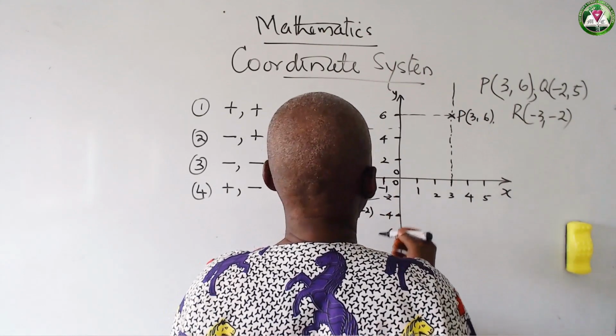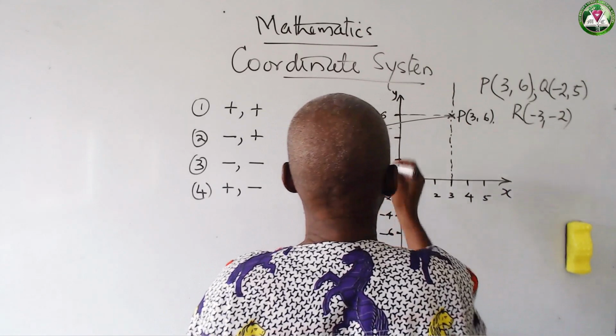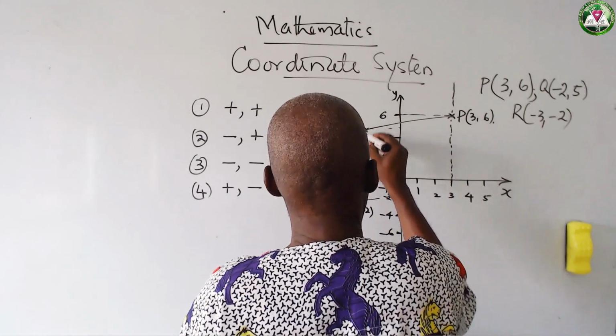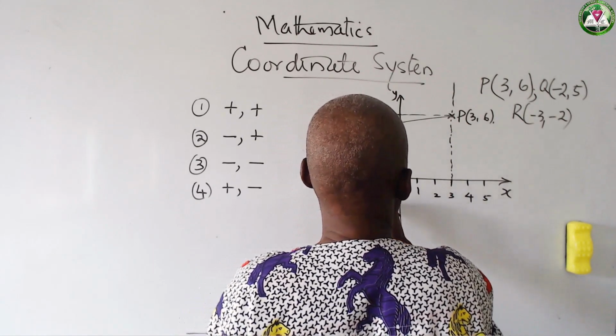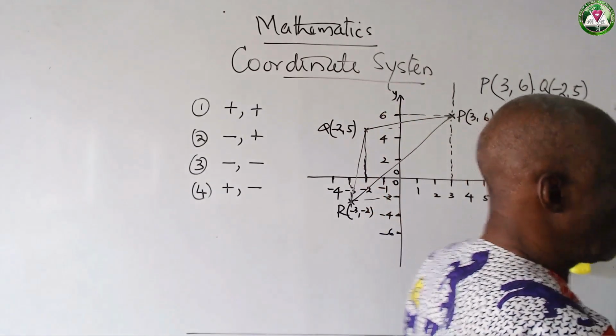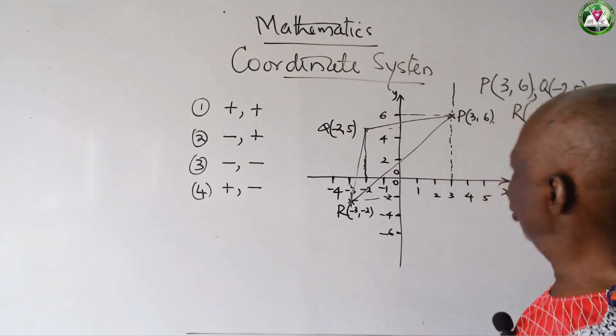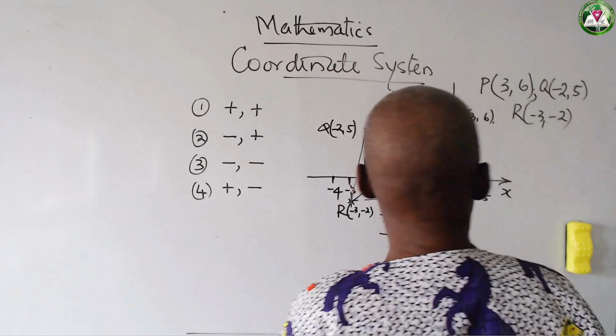So we'll join P to Q, and we join Q to R, and we'll also join R to P. That is the resultant figure from the operation, P, Q, R. The figure we're seeing there is a triangle.